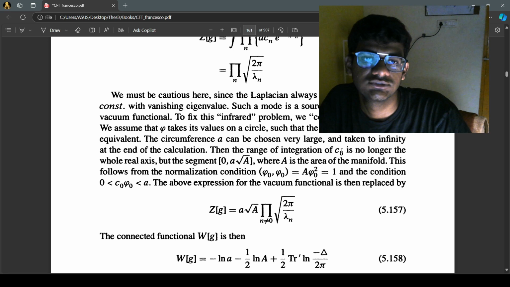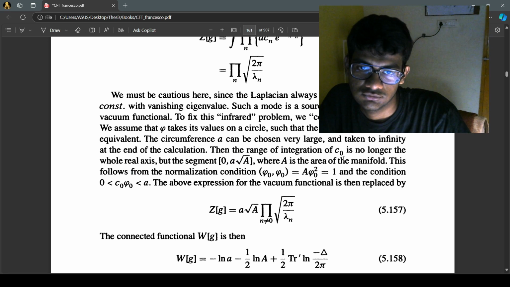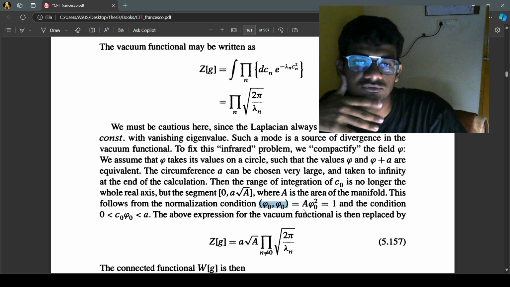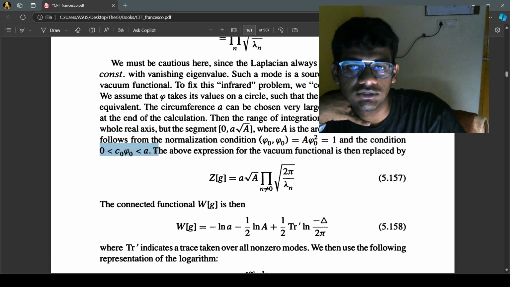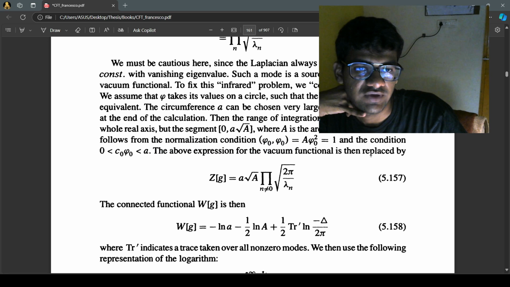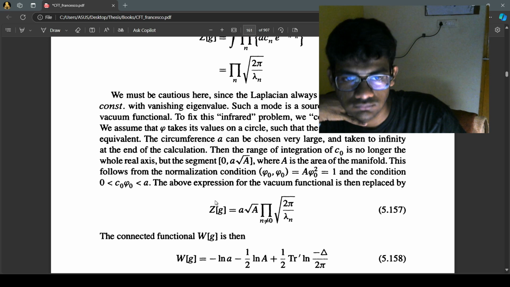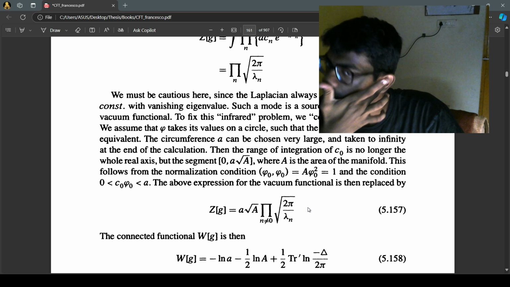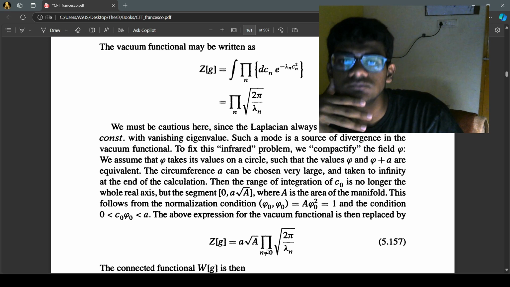Then the range of integration of c0 is no longer the whole real axis, but the segment 0 to root A, where A is the area of the manifold. This follows from the normalization condition. The above expression of the vacuum functional is then replaced by a product where n is not 0 this time.